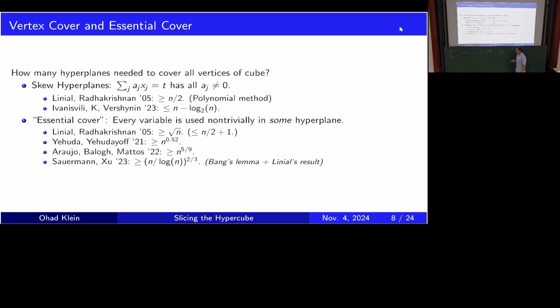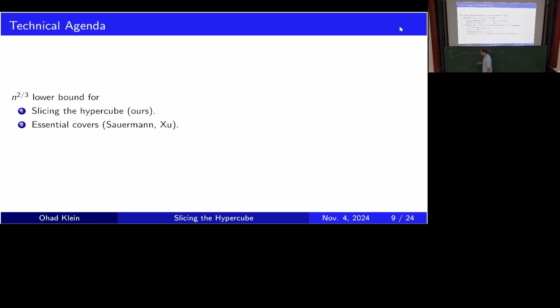Now, when I saw this paper, I found it quite interesting that it gives the same n to the 2/3 lower bound. But really, it uses different methods than our proof. So it was interesting to me whether maybe we can combine both methods to get a better result.